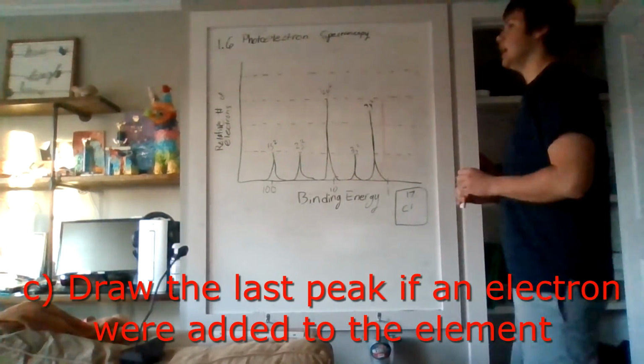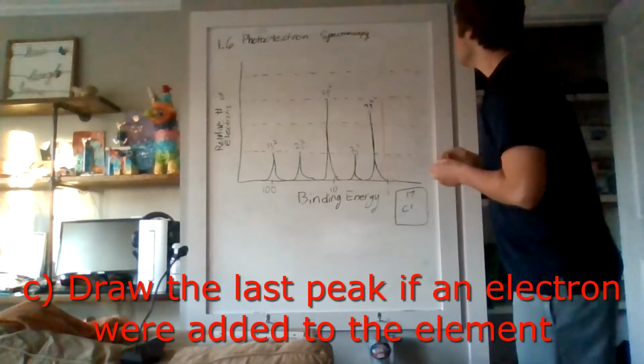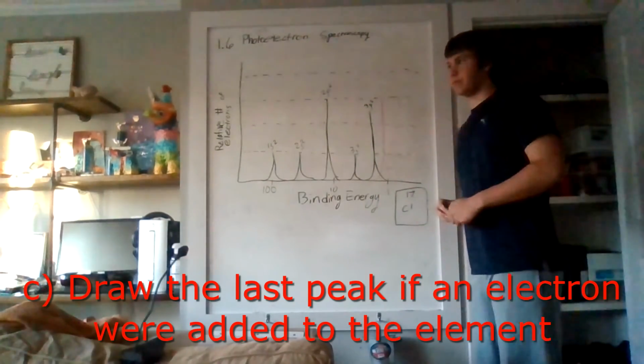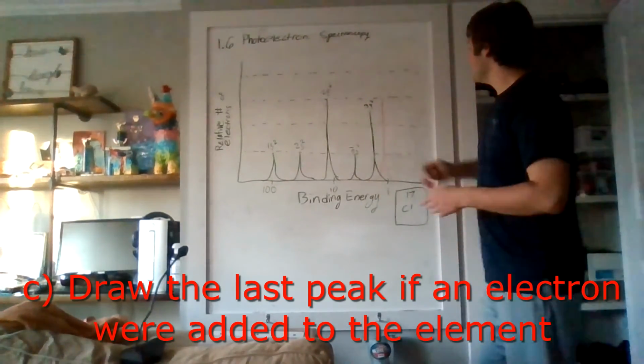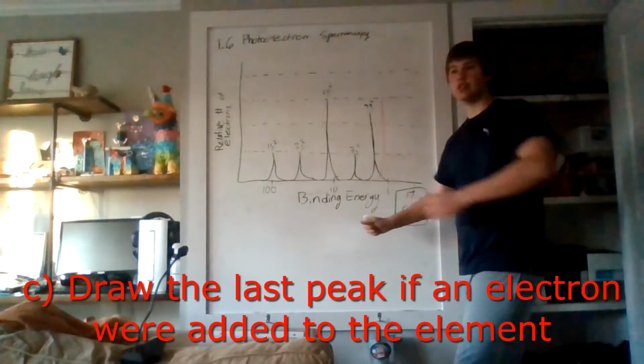Because we're adding an electron, and it kind of spaces all the other ones out, causing the binding energy to go down a bit. So not only does it go up further, but the binding energy also decreases, so we draw it to the right.